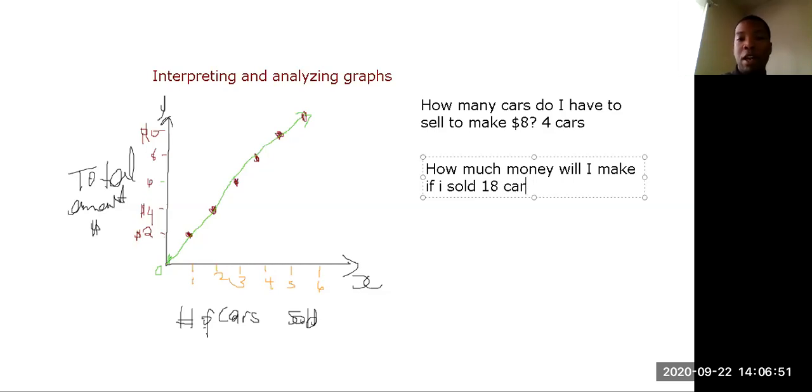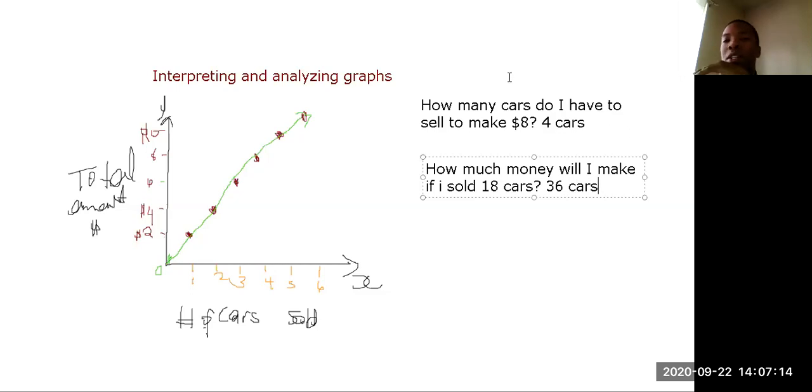Now, how much money will I make if I sold 18 cars? Yep. How much money will I make if I sold 18 cars? 36. I like that we're getting the constant, because we're going to be writing equations tomorrow. All right, we're going to start coming up with our own equations now. So this is 36 dollars.